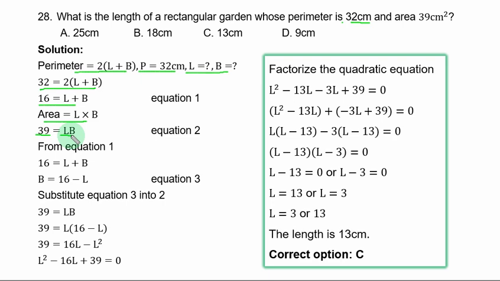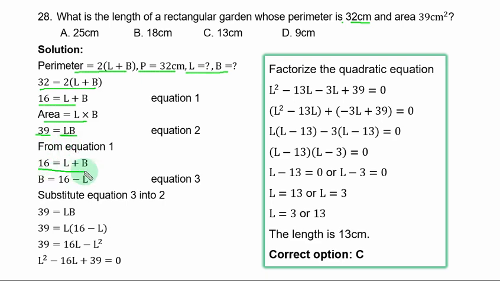You have two equations. One is linear, the other one is non-linear. You have to start from the linear equation, and you make any of the variables the subject. So from equation 1, when you have linear and non-linear equations to be solved together, you have to start from the linear equation.